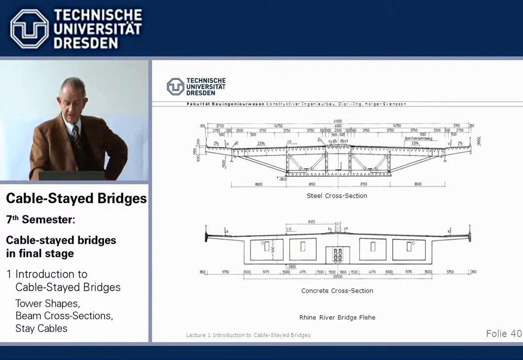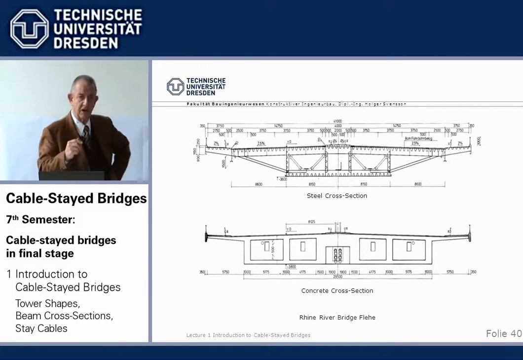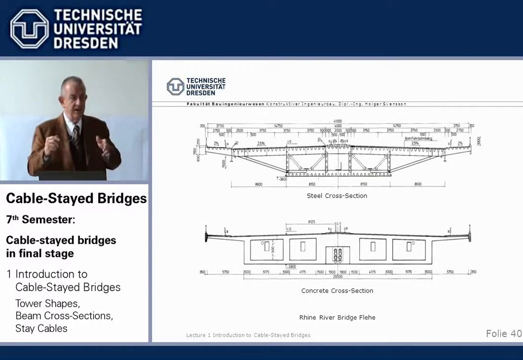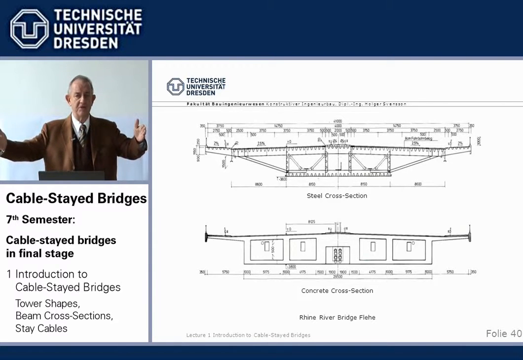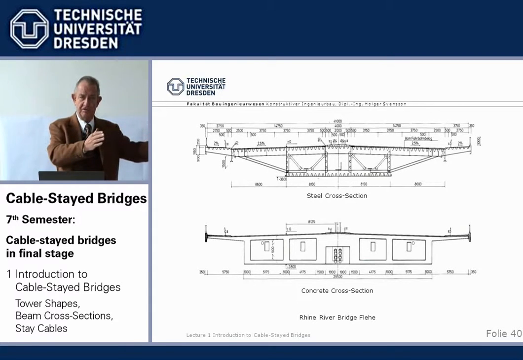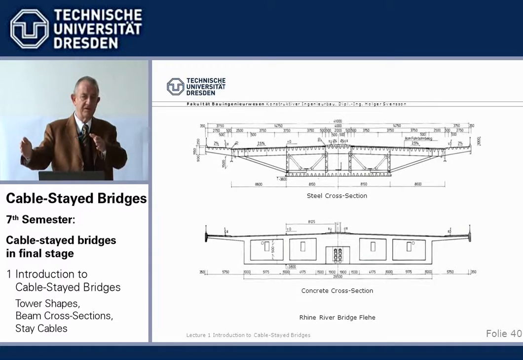Finally, we have bridge systems which I like to call hybrid. Hybrid, meaning generally we have a steel main span, lightweight, and we have a concrete side span to which the side span stay cables are anchored, and this side span acts as counterweight to anchor the steel plus live load main span.